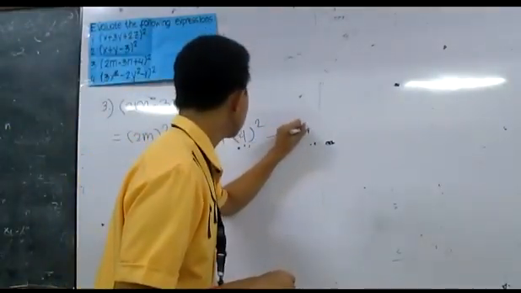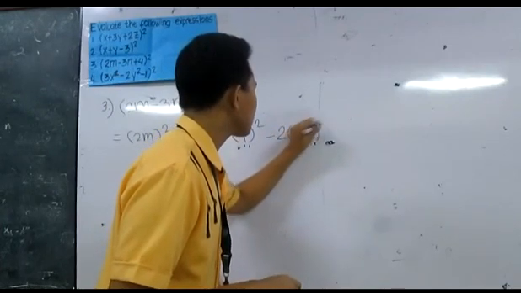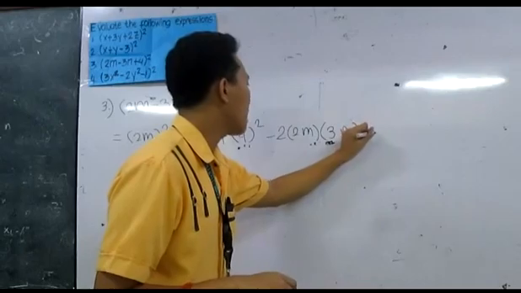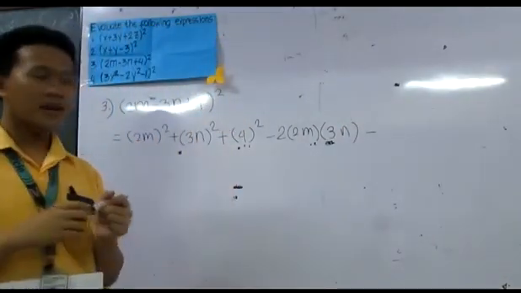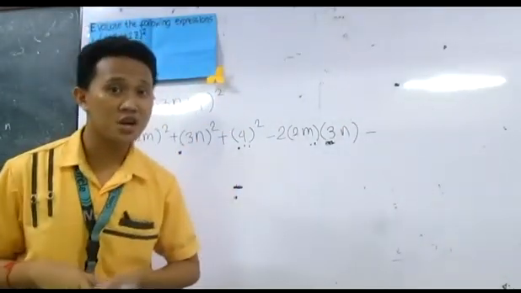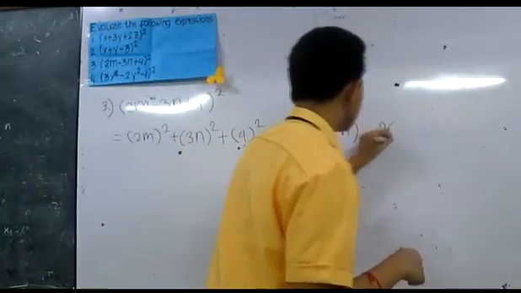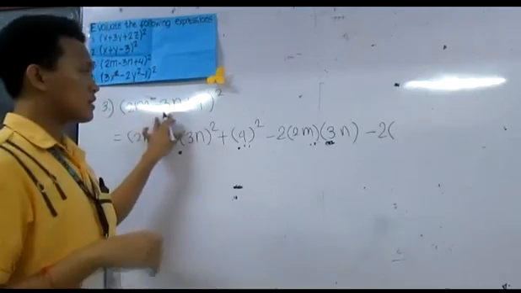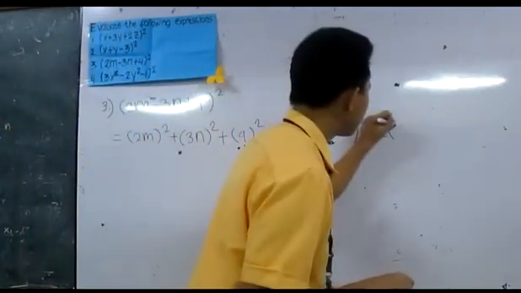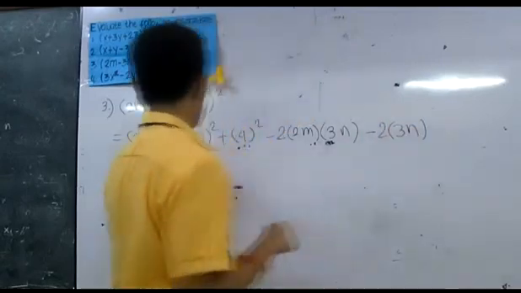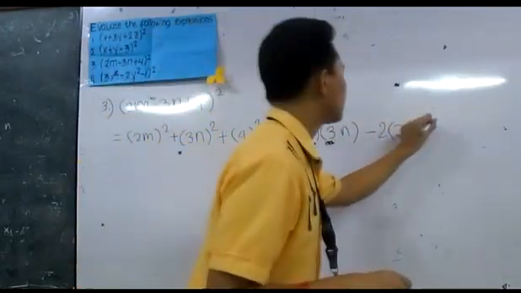We have 2m times 3n, minus twice the product of the middle term and the last term. 2 times 3n multiplied with 4.